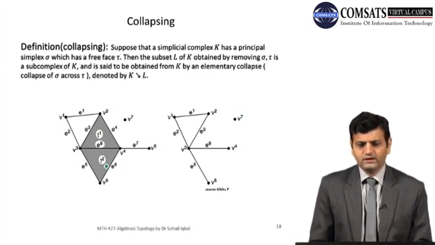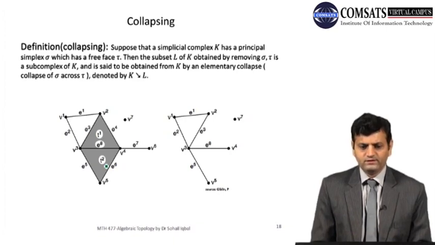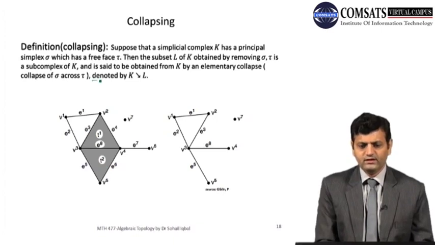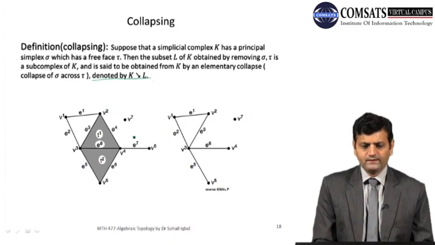So what is collapsing? Suppose that a simplicial complex K has a principal simplex sigma which has a free face tau. Then the subset L of K obtained by removing sigma and tau is a sub-complex of K and is said to be obtained from K by an elementary collapse. This is denoted by K collapses to L. For example, we have this simplex T1, and it has a free face E4.